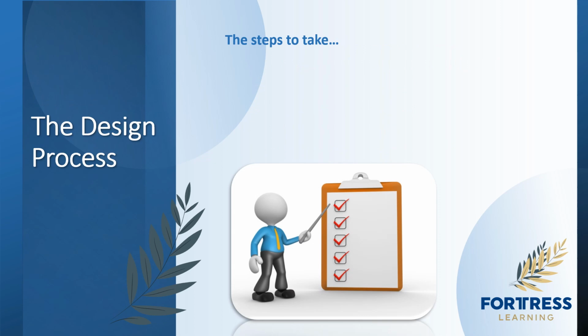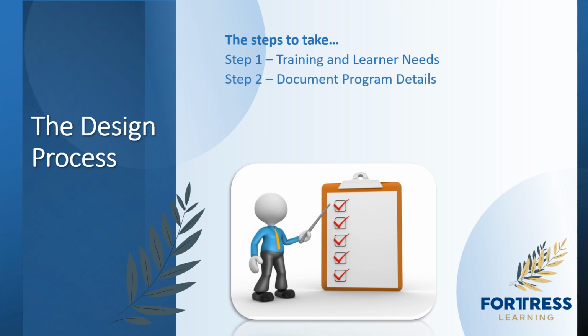When developing a learning program, there is a series of logical steps to take. The first is to identify and document the training needs and the needs of the learner group. These can be determined through consultation with stakeholders to get a clear understanding of the training requirements. Next, document the program details in line with the learning program content previously discussed.